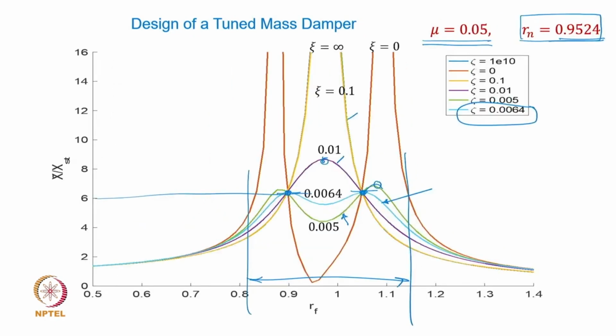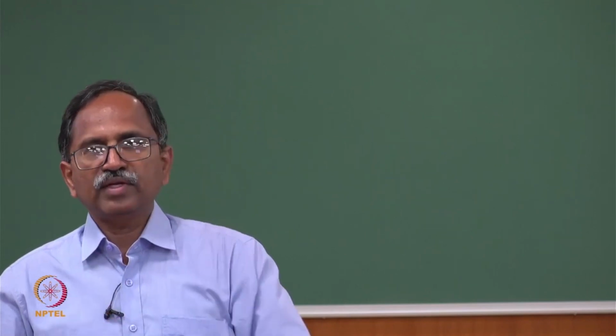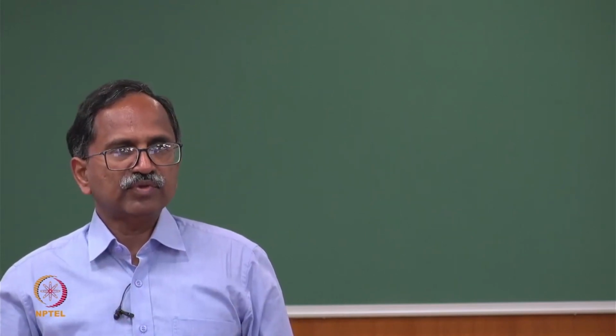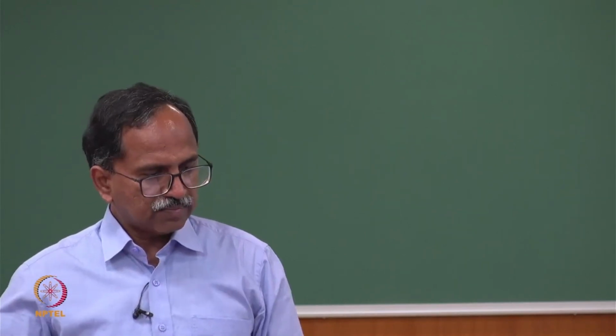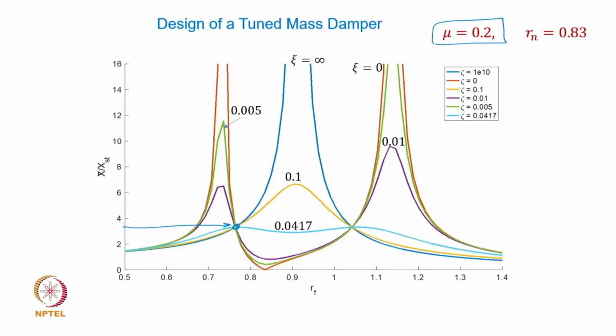So by choosing the mass ratio, you decide how much maximum amplitude you can allow. Accordingly you can choose the value of mu, and once that value of mu is fixed, Rn gets decided based on that mu, and then zeta has to be decided, and then you will get the response very much within the limits. That is the whole approach that we are going to follow.